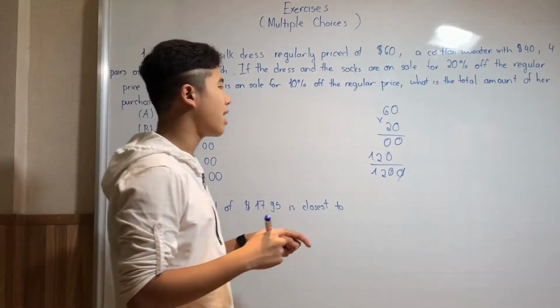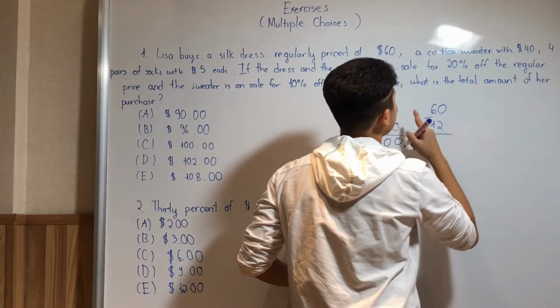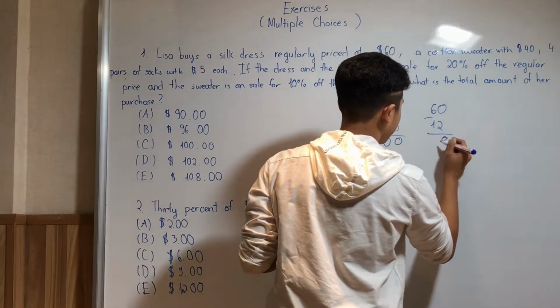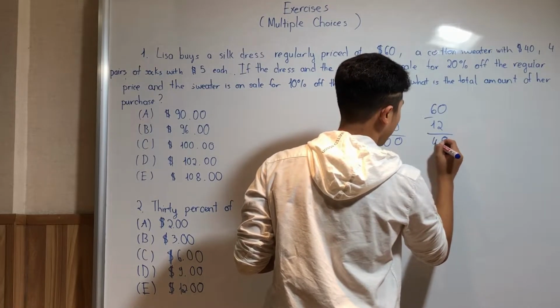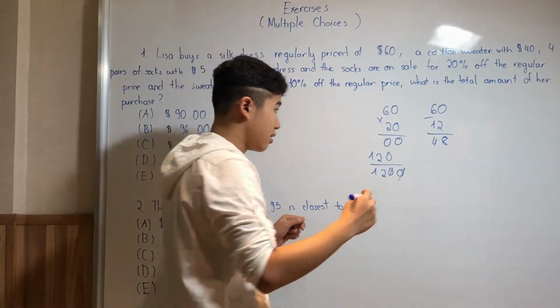Then we take 60 minus 12 to find the price that is 20% off, which is $48 for the silk dress.